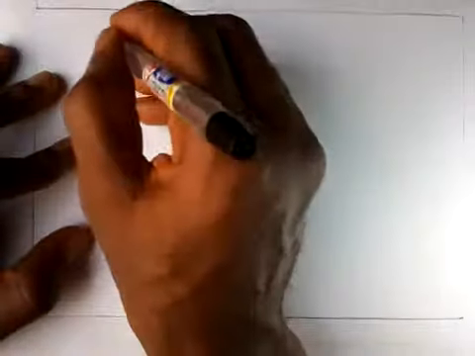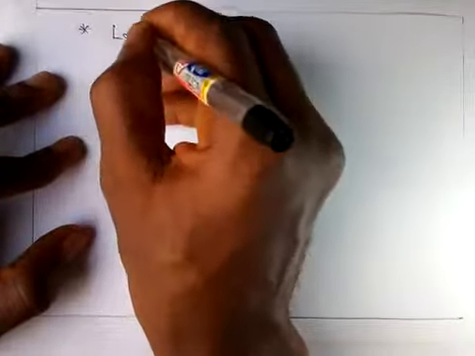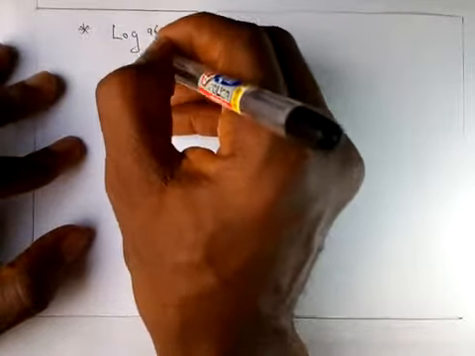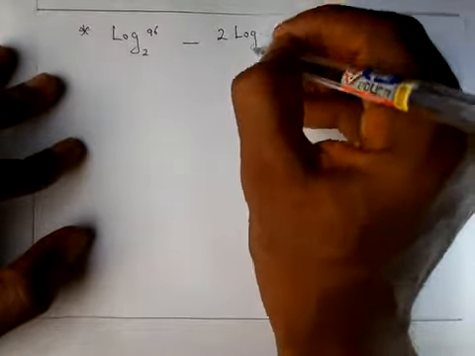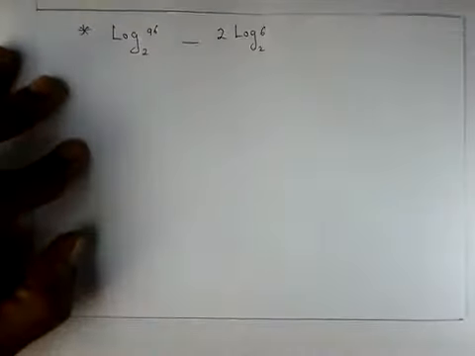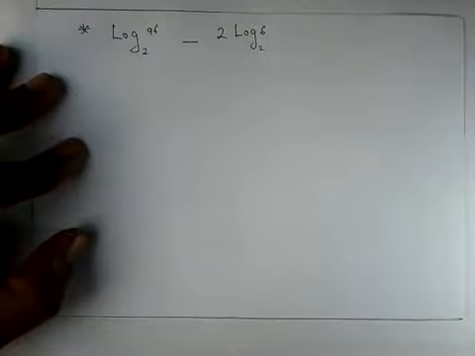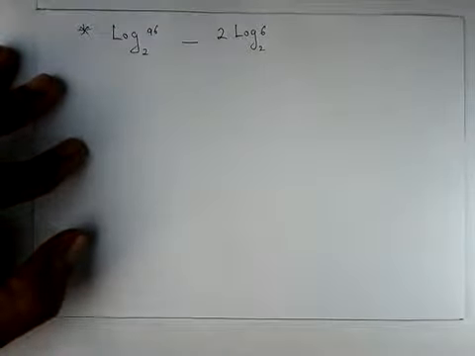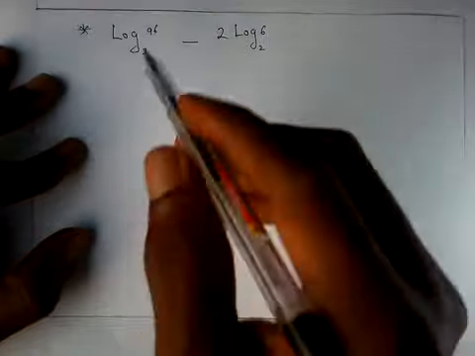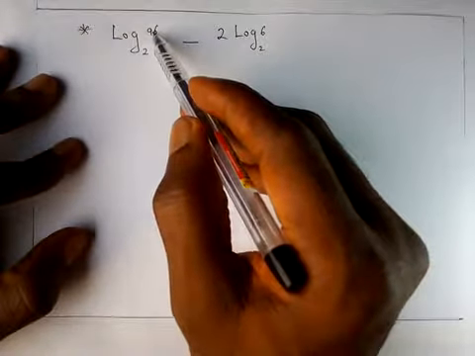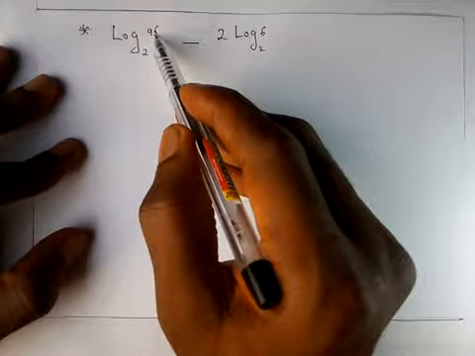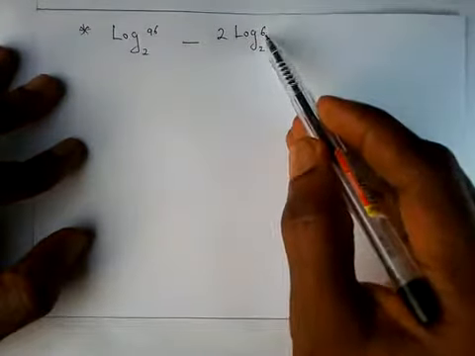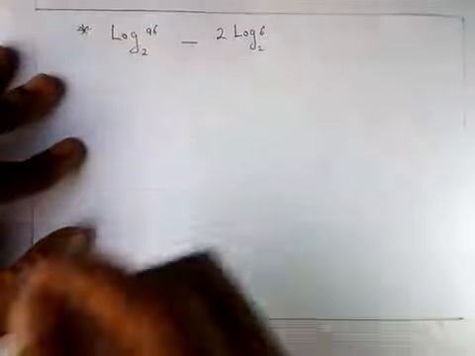The next question is demanding that we simplify log 96 to base 2 minus 2 log 6 to base 2. Looking critically, you can break this down: this is 32 times 3, and this is 2 times 3.